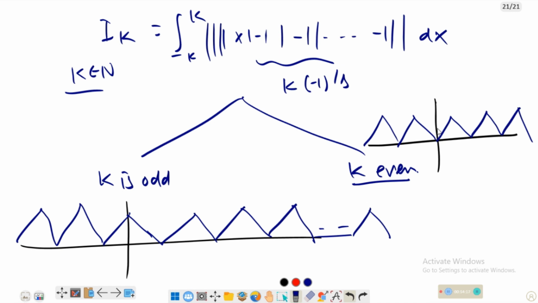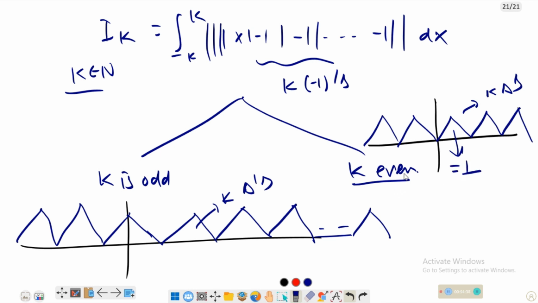So the integral in both cases is equal to the area between the triangles. There are k triangles, and each triangle has area equal to 1.